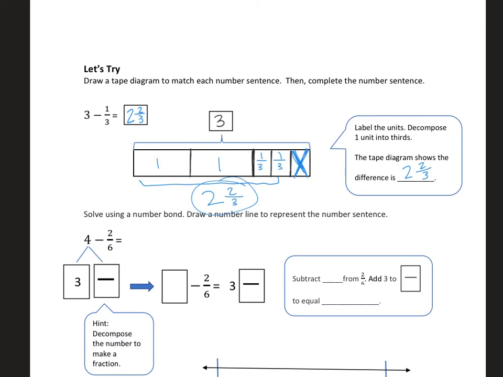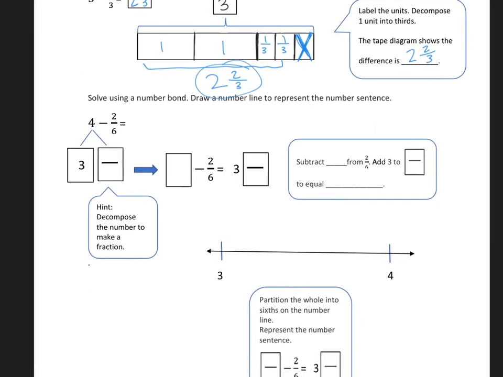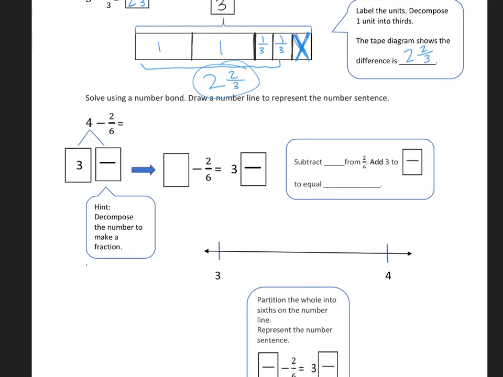All right, so now we have used the tape diagram strategy. So going down, we're going to solve using a number bond, and we're going to draw a number line to represent the number sentence. So they've already done some for us. So here they took the 4, okay, we have 4 minus 2/6. They took the 4 and they said, all right, I'm going to pull out one whole so that I can subtract 2/6 from it.